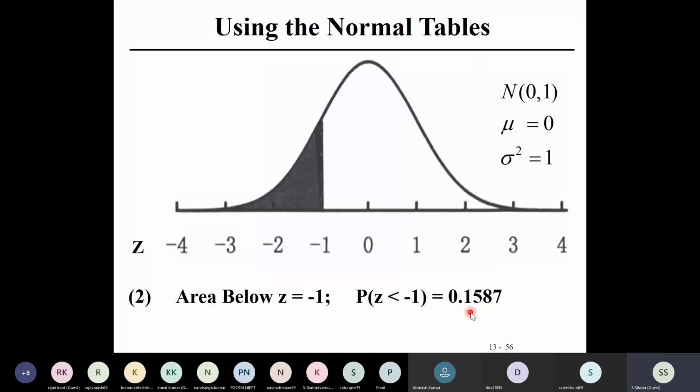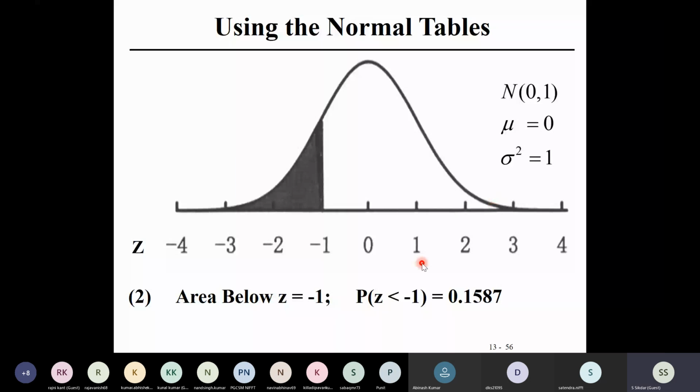Similarly, here is another one, minus 1. If it is greater than 2, you have to find this value. First you get the area up to here, then take 1 minus it, and only then can you get this left out portion.